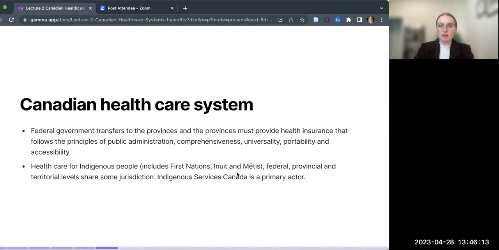And one thing that is interesting that's been happening recently in the last federal budget is the federal government, you could say, giving provinces a slap on the wrist for delivering private services that patients are then paying out of pocket for.